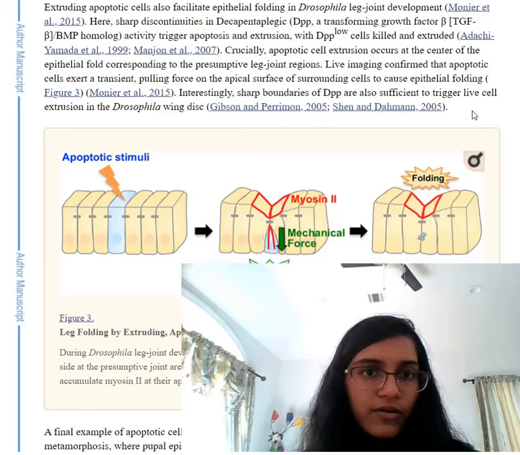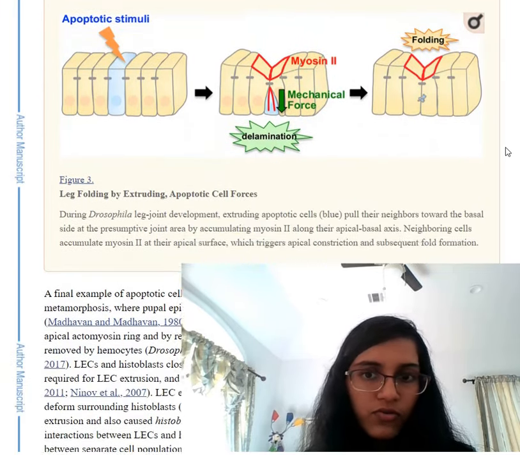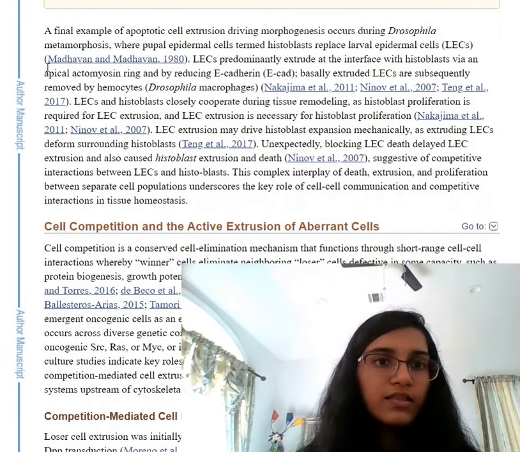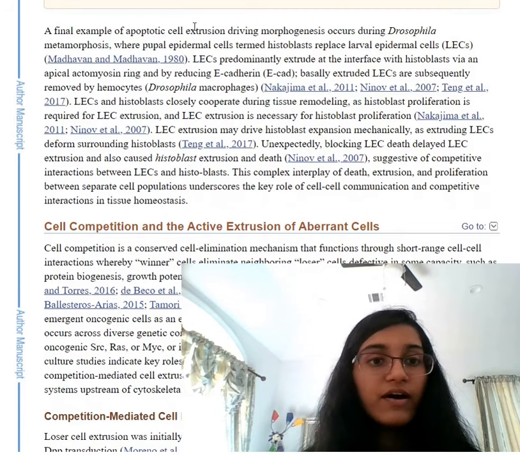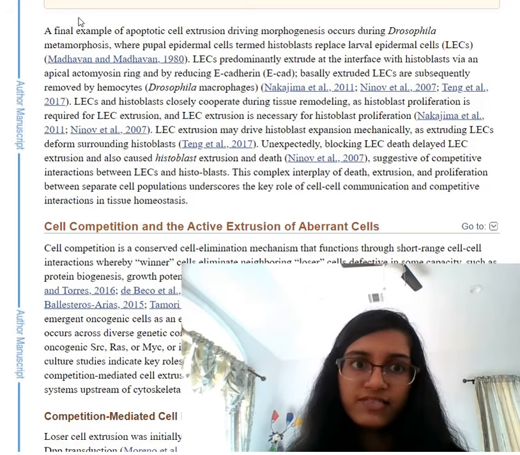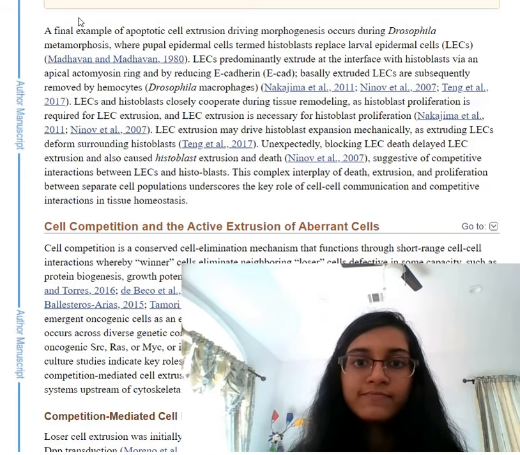Are there any other examples that they give of morphogenetic forces? Okay. They also say that a final example of apoptotic cell extrusion driving morphogenesis occurs during Drosophila metamorphosis, where pupal epidermal cells, termed histoblasts, replace larval epidermal cells.